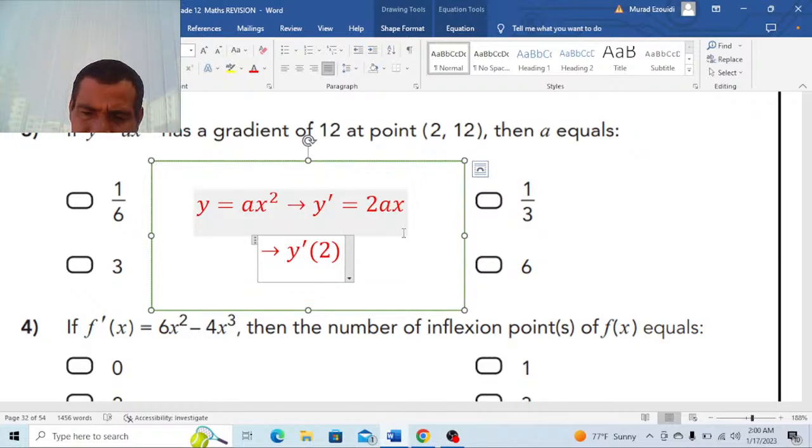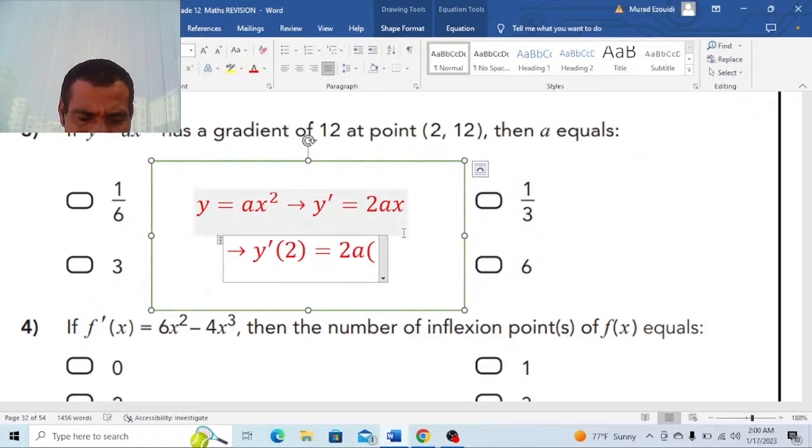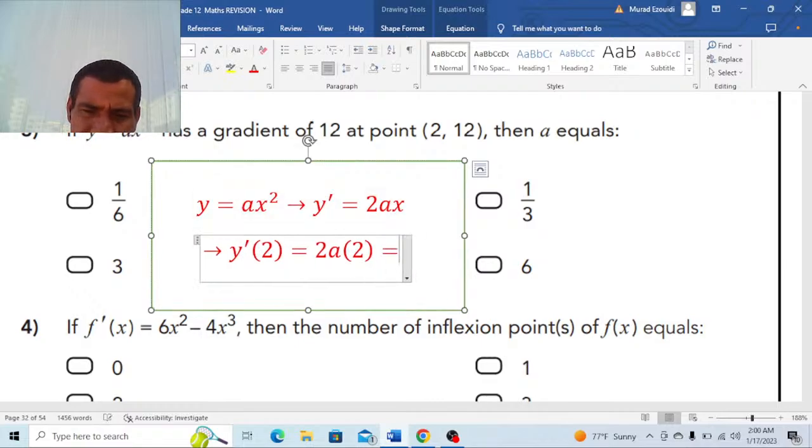It will be 2 times a times 2, because x is 2. Therefore this one, learners, is equal to 4a.